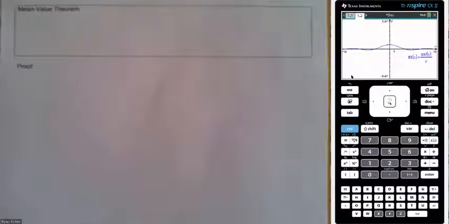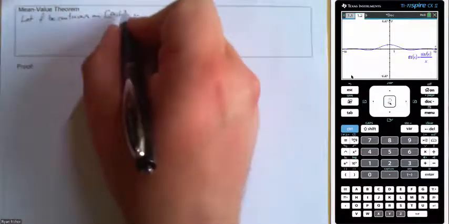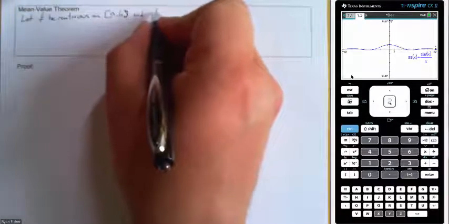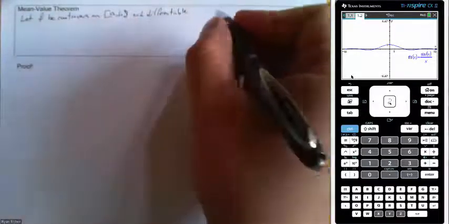So the mean value theorem states the following. Let f be continuous, just like Rolle's theorem, on a closed interval and differentiable on an open interval, we'll say on the open interval (a, b).